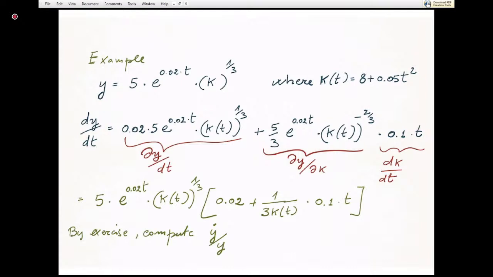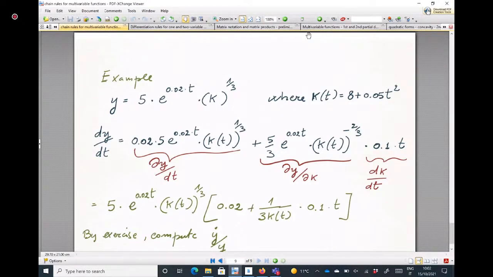Now, the second step of today's class is the basics of matrix notation and matrix products. Really basic stuff. You may know these tools already.